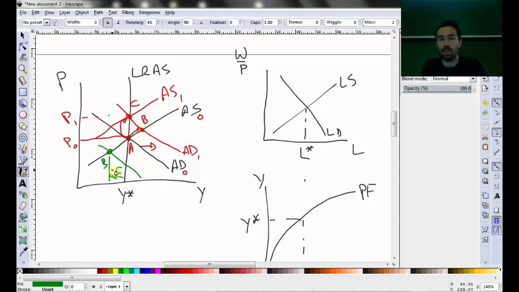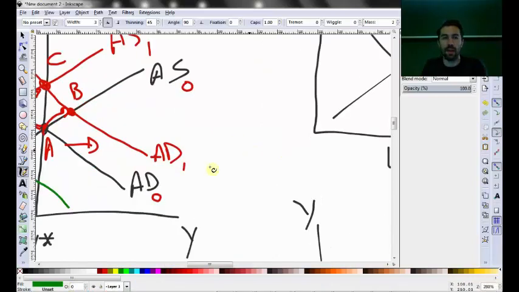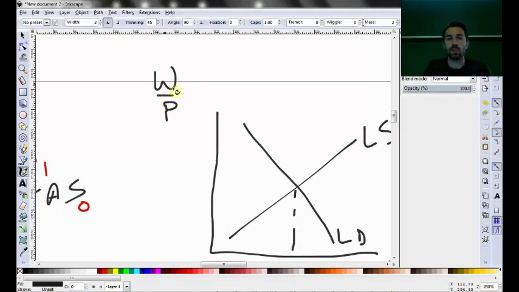So what he said was the following, and we're running out of time. Let's take this wage level and this price level and call this price level P0, and the wage here, remember, is the nominal wage. W is nominal wages, W over P is real wages.